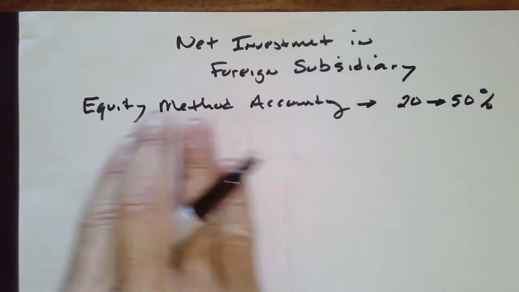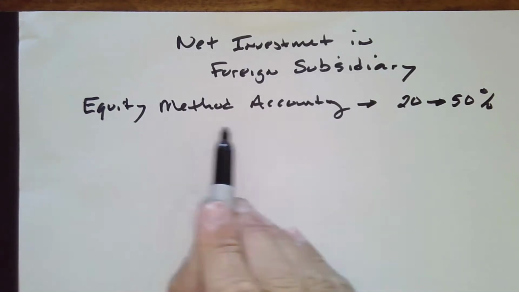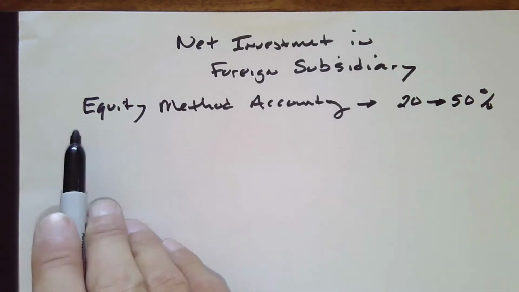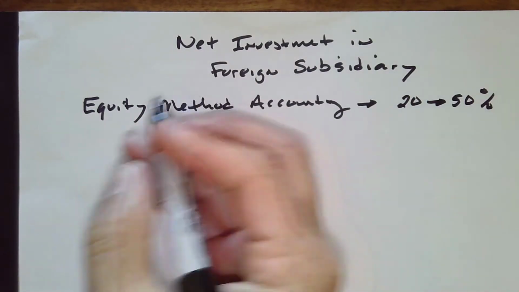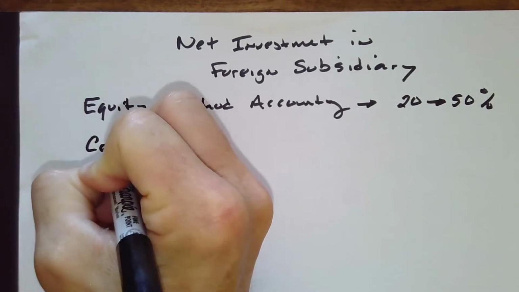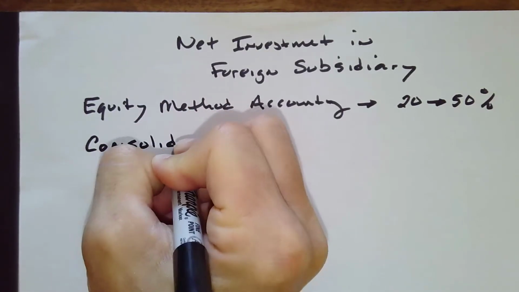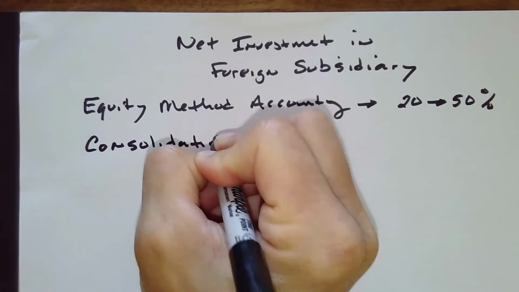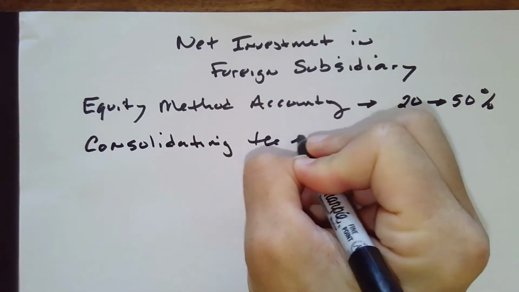There's some literature specifically in here that talks about equity method accounting, versus the next one, where we own 50% or more and we are consolidating the entity.